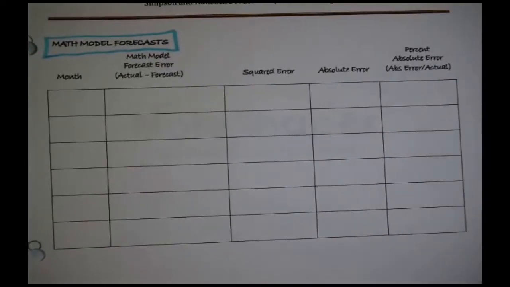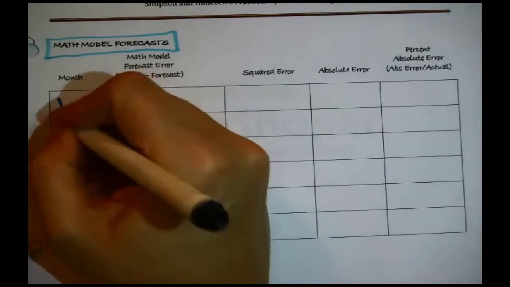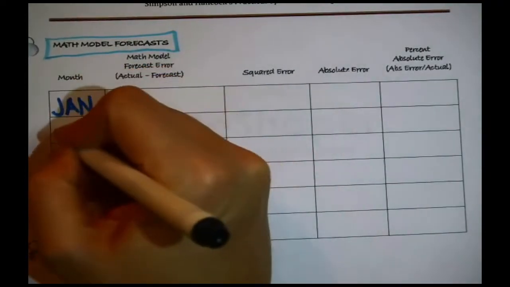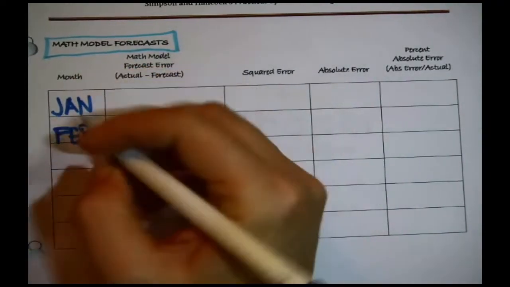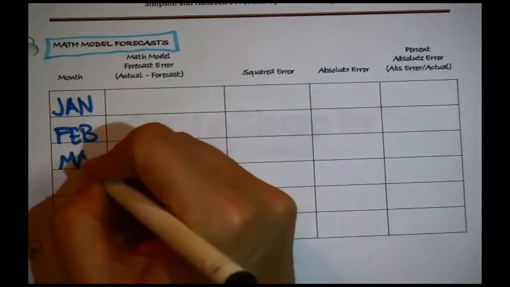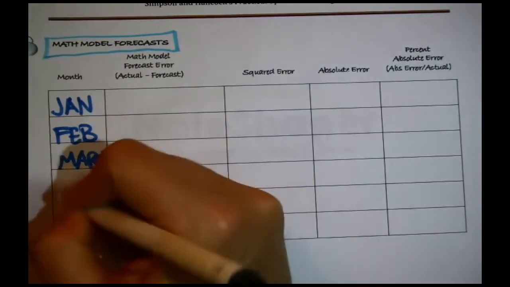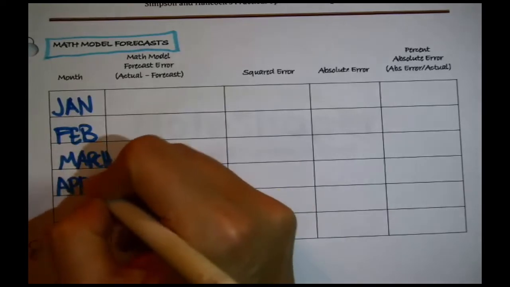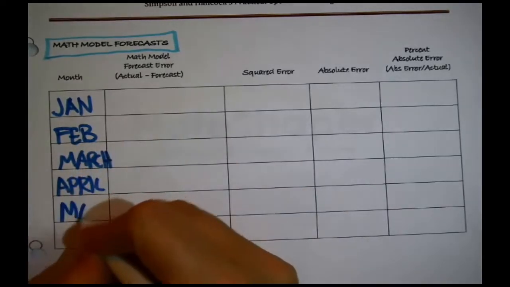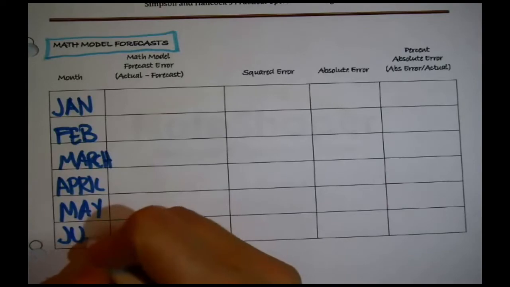Because for each one of the forecasts, and there are 6 of them, there was a forecast in January, a forecast in February, one in March, one in April, one in May, and one in June.